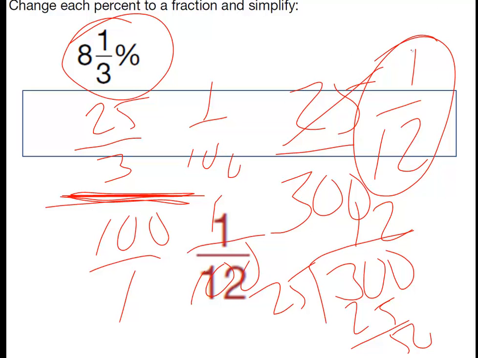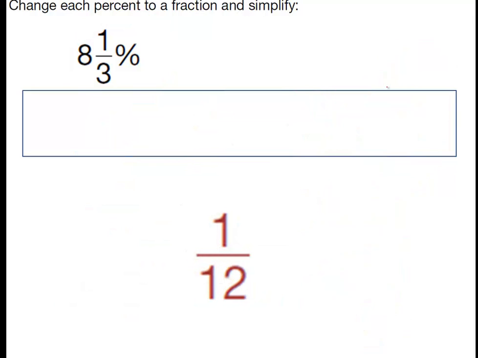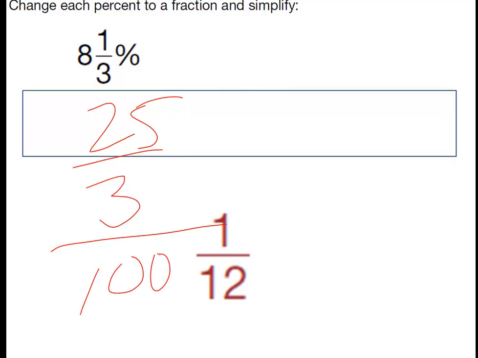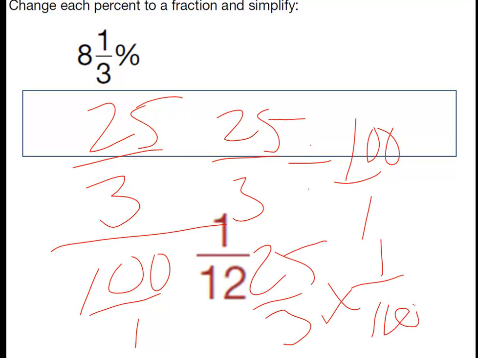Let's do this one here, doing it the way that you already know how, really, before we move on. So normally we do 25 over 3, and that's all over 100 over 1. So you have 25 over 3 divided by 100 over 1. You could just multiply by its reciprocal, 25 over 3 times 1 over 100, and you get 25 over 300.